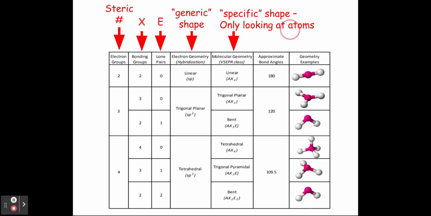So if you're only looking at the atoms and you're ignoring the lone pairs, then that's the actual shape of the molecule. So you'll notice the molecules here on the left, you only see the atoms. You don't see the lone pairs. So whatever that shape is, that's the shape of the molecule. So that's molecular geometry. And that is going to depend on the number of bonding groups and lone pairs.